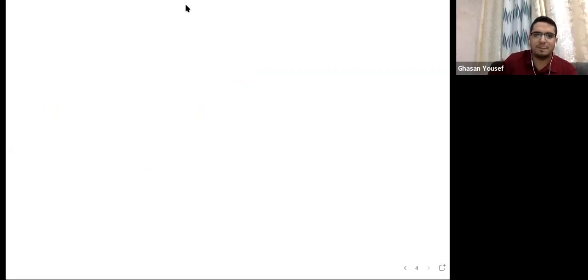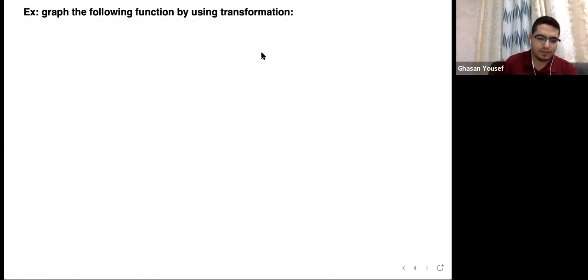So my example: graph the following function by using transformation. So I'm using transformation to graph this function.